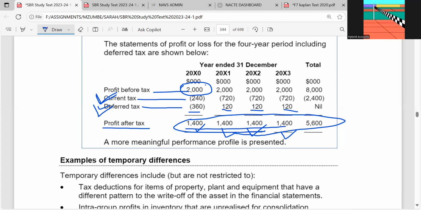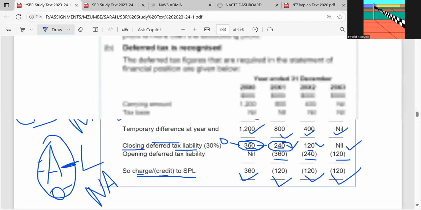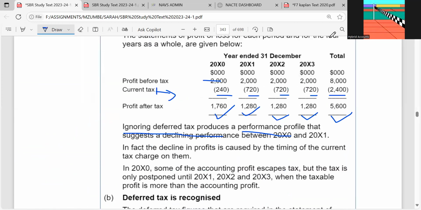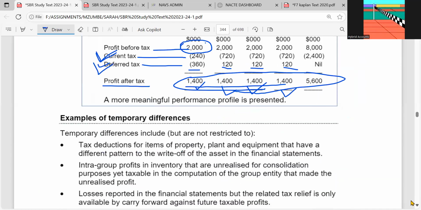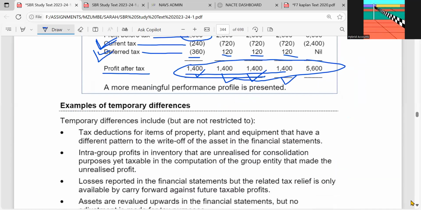Well, in case you came up here, you would find the profits different. This one falling, this one is the highest one, and this one is the lowest, right? So I hope you got the concept on the current tax and including the deferred tax now, right?